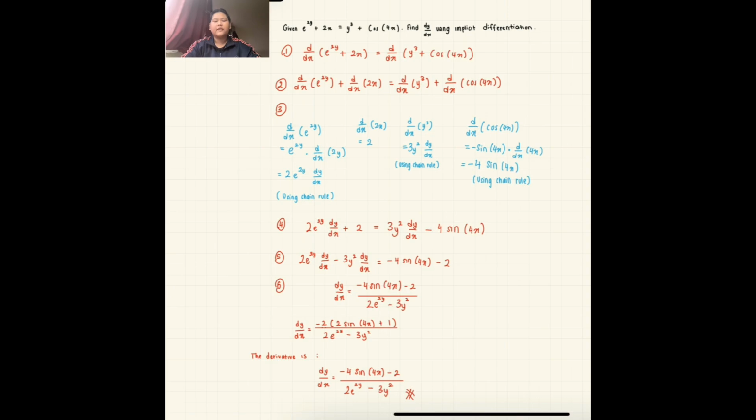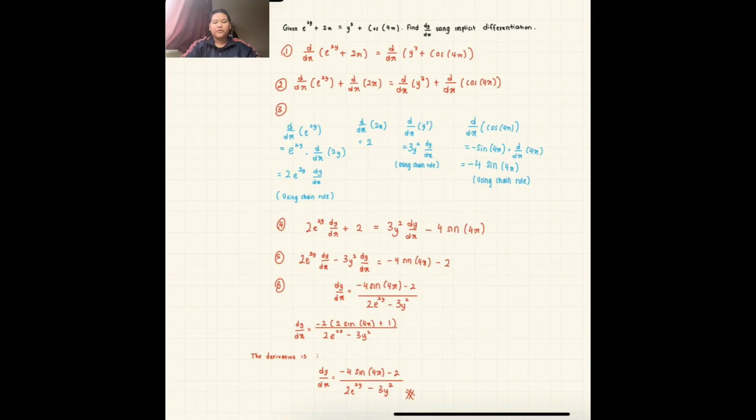First, calculate the derivative of each term. Derivative of e^(2y) using the chain rule: d/dx e^(2y) equals e^(2y) multiplied by d/dx of 2y, so you will get 2e^(2y) dy/dx. Derivative of 2x, d/dx 2x, you will get 2.